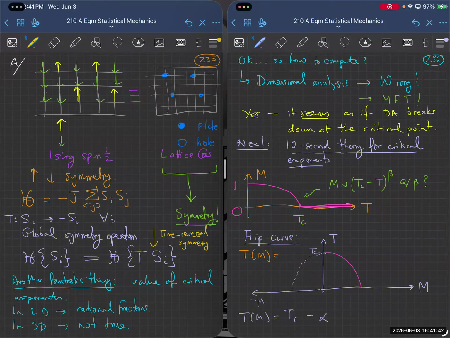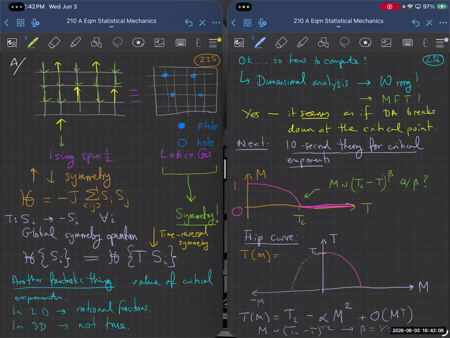And then there can be higher order terms, but it has to go like that. Then if I rearrange, I get m goes like tc minus t to the power 1/2, and therefore beta is equal to 1/2. So that's the 10-second theory.